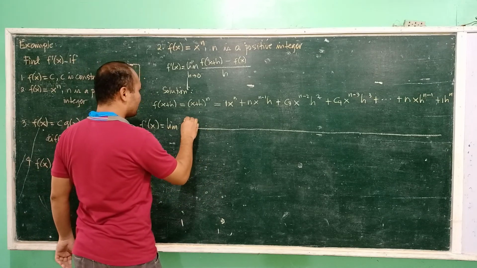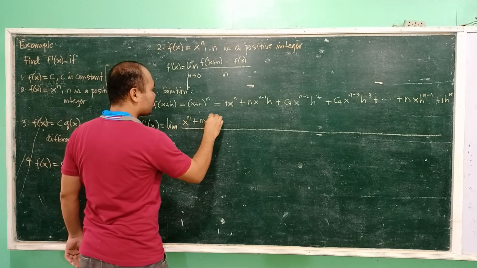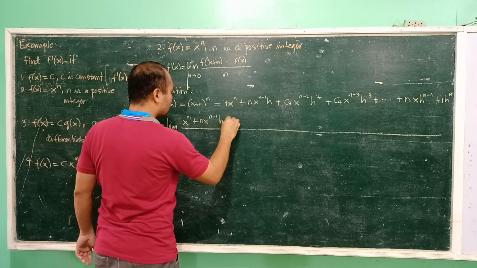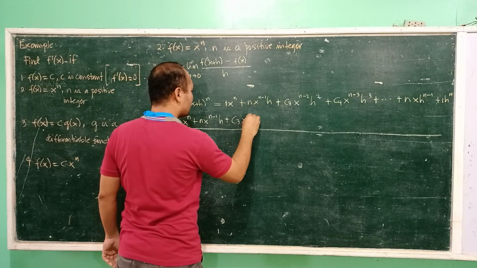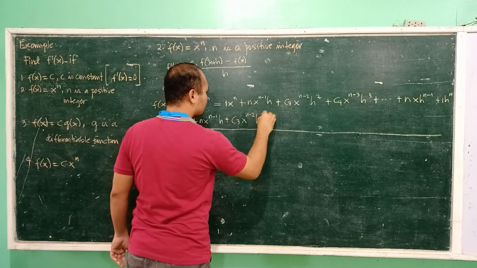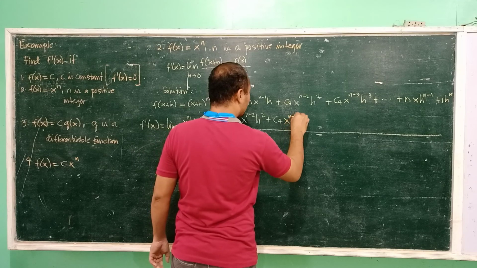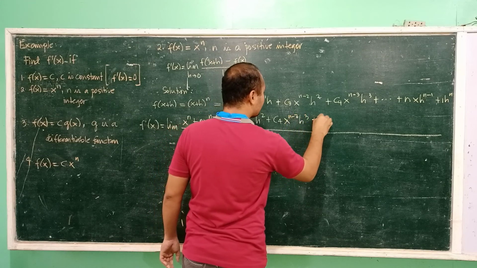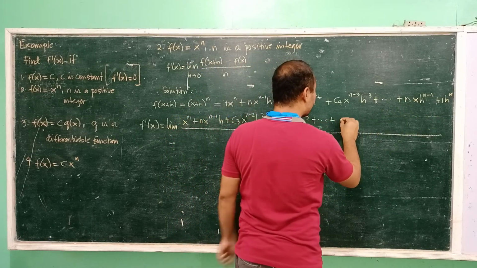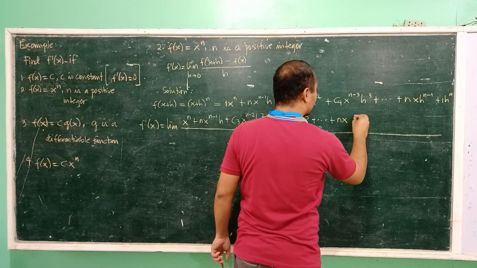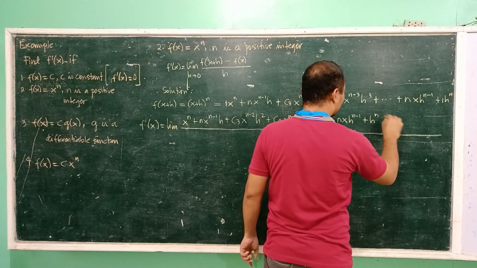So I have here, I won't be writing any more 1, that's x to the n plus n, x to the n minus 1, h plus c sub 3, x to the n minus 2, h squared plus c sub 4, x to the n minus 3, h cubed plus, there are still c sub 5, c sub 6, c sub 7 plus that, and the last two terms, let's write it this way, n, x, h to the n minus 1 plus h to the n, no?